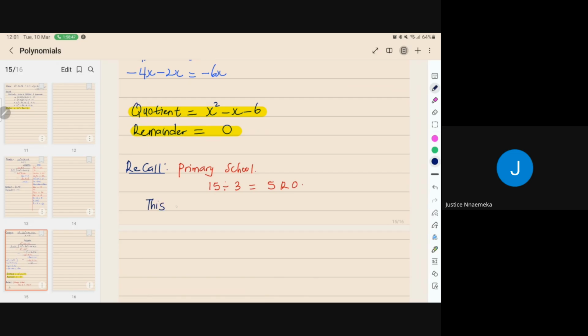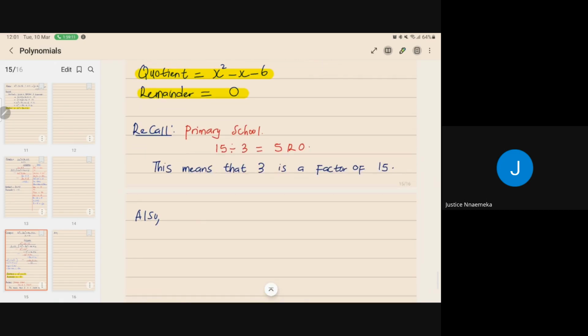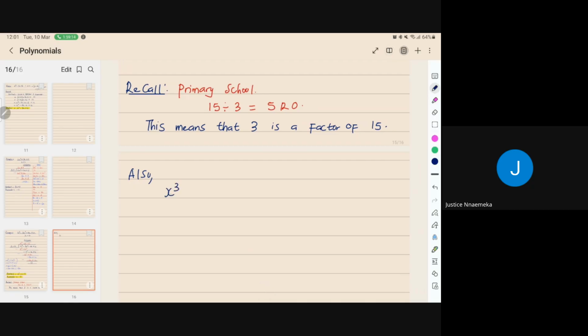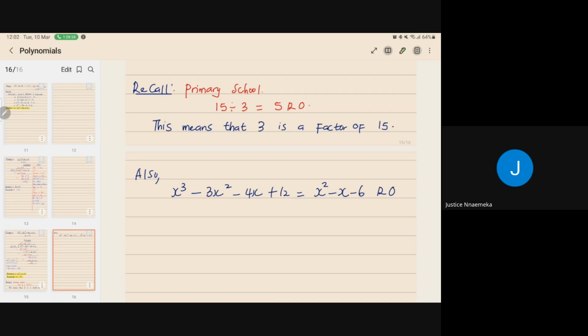This means that 3 is a factor of 15. Also, we have that very function x cubed. We have x cubed minus 3x squared minus 4x plus 12 is equal to what? x squared minus x minus 6 remainder 0. Is that also? Yes. Sorry. I made a mistake.